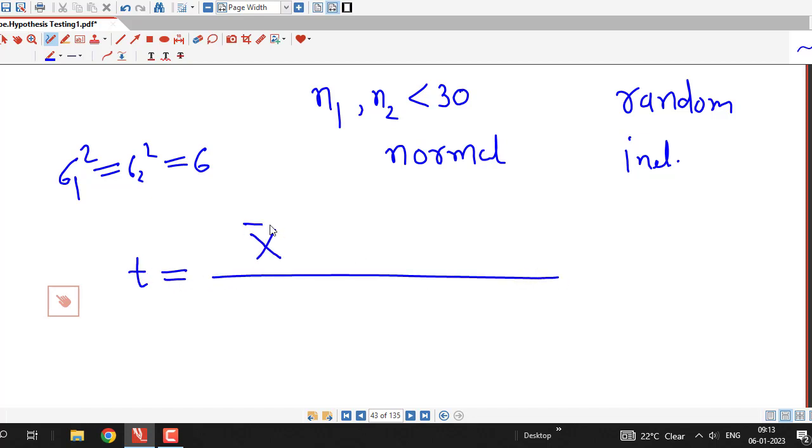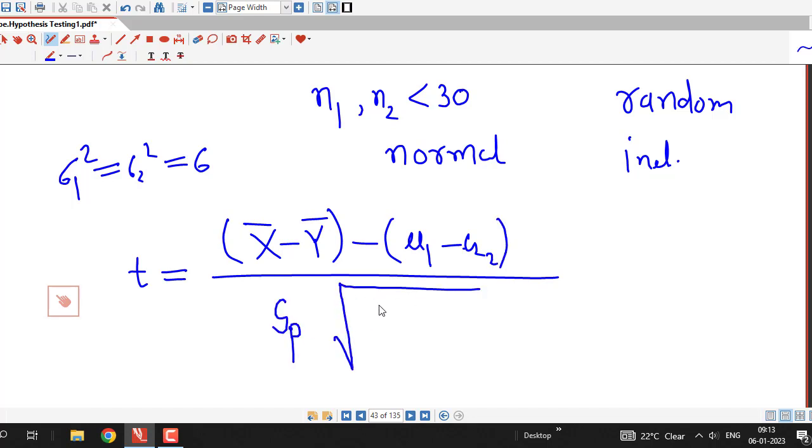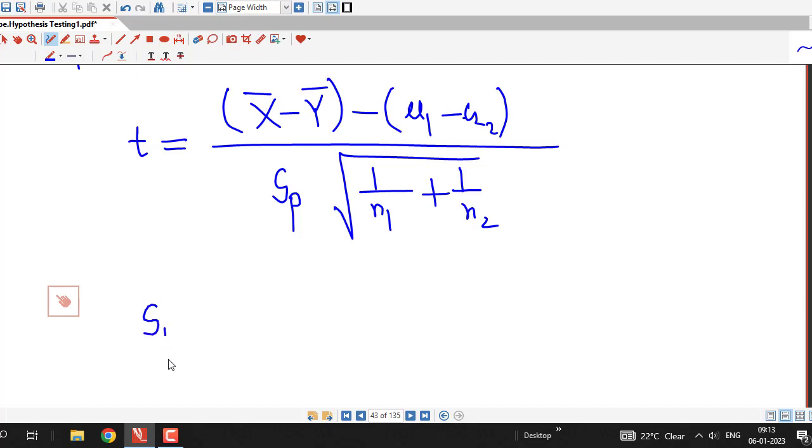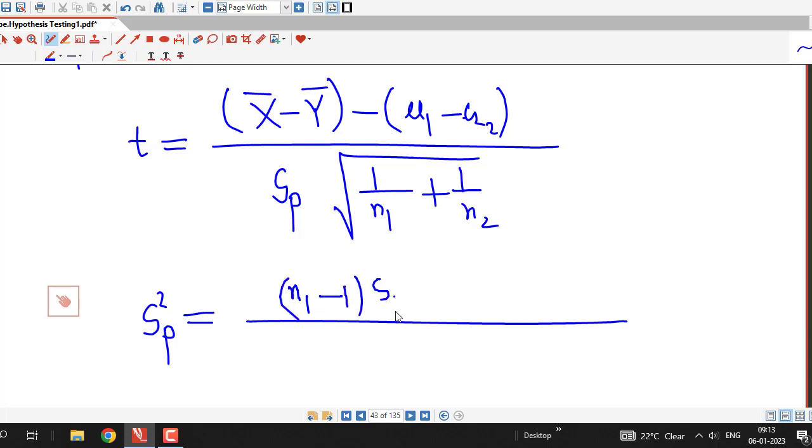The formula is easy to remember: difference of two sample means minus difference of two population means divided by pooled standard deviation times square root of 1 over n1 plus 1 over n2, where this pooled variance has the formula n1 minus 1 times s1 square plus n2 minus 1 times s2 square divided by n1 plus n2 minus 2.